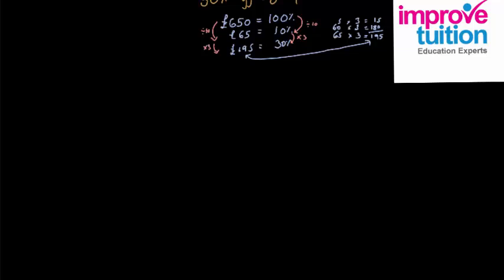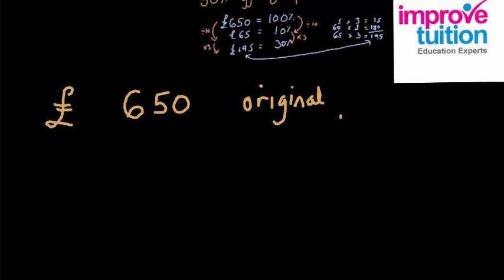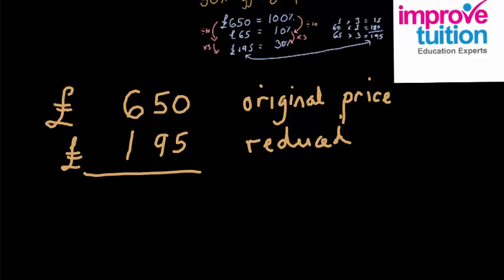So if you've got £650 as the original price, and the original price was reduced by £195, then we subtract 195 from 650, and we get 455. So we get £455.